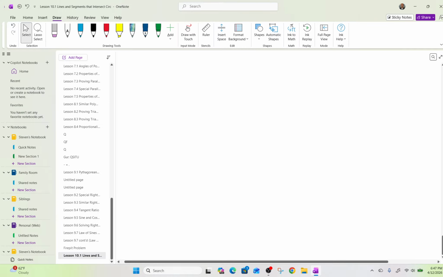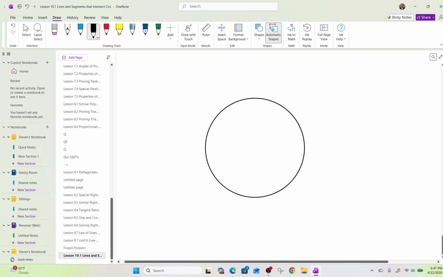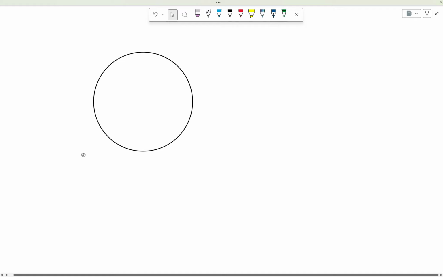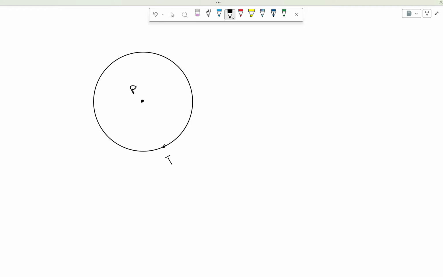All right, let's try it out. I have P, I have T, and then I have this point S outside the circle.